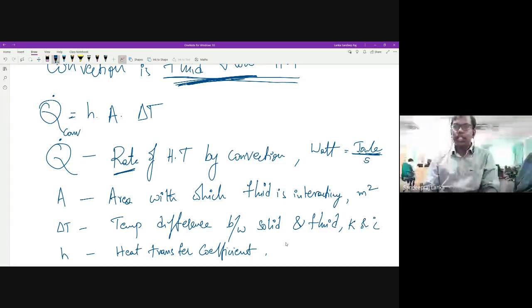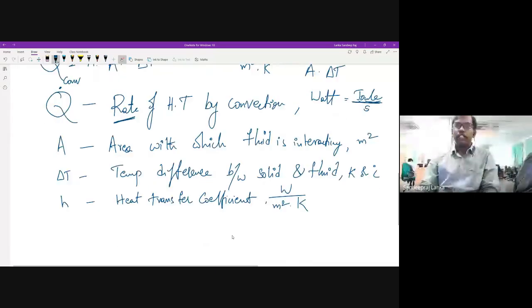So you can write watt per meter square Kelvin, which is actually Q by A into delta T. Q unit is watt, A unit is meter square, delta T unit is Kelvin. So the unit for this one is watt per meter square Kelvin.